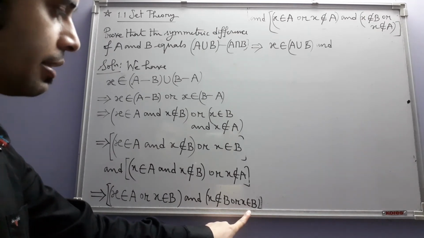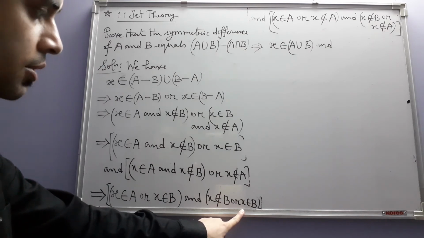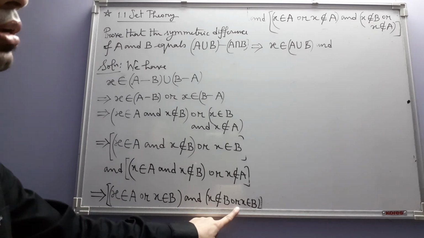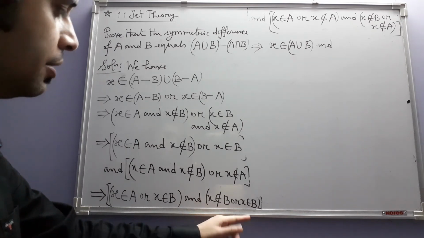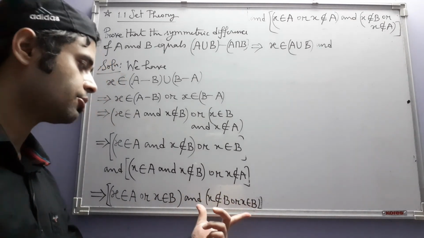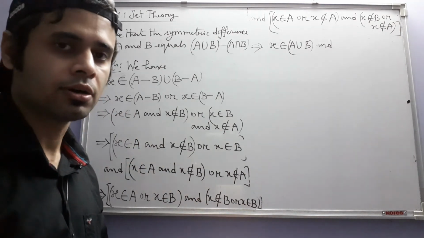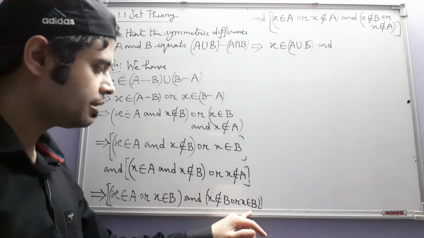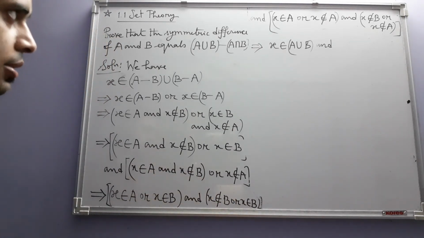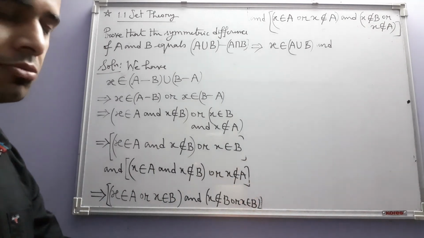In fact that also follows from a statement in mathematical logic that is known as, I think, the law of excluded middle. Whatever happens, this is true. So there is no need to write this, because whether you write it or not, if you write a universally true statement with something else, that is not going to affect the situation. So we can discard this, because this is always true.